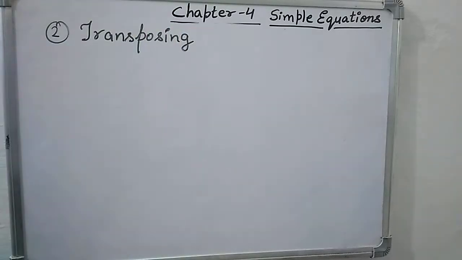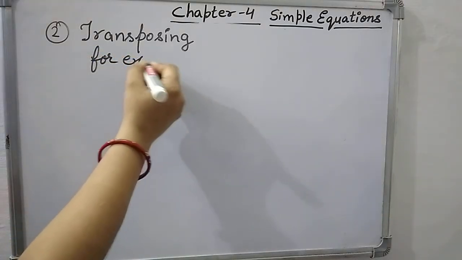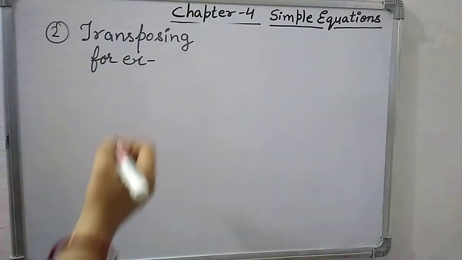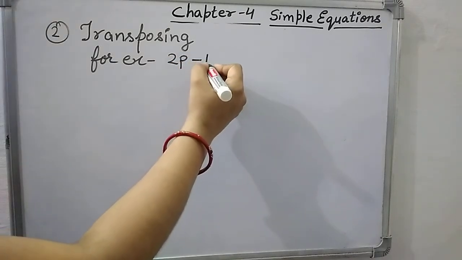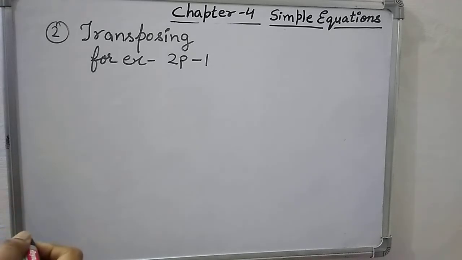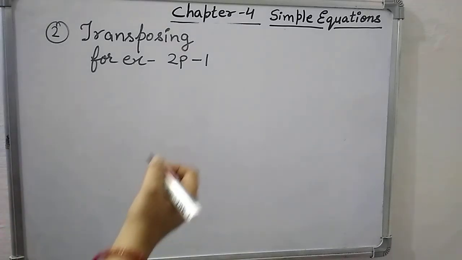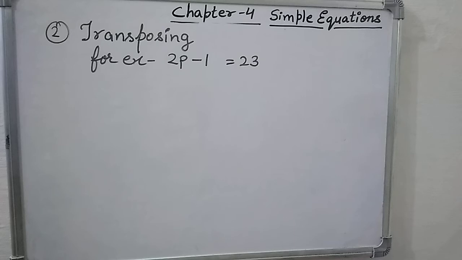Now transposing means changing position. For an example, let's take one equation. 2p minus 1 equal to 23.